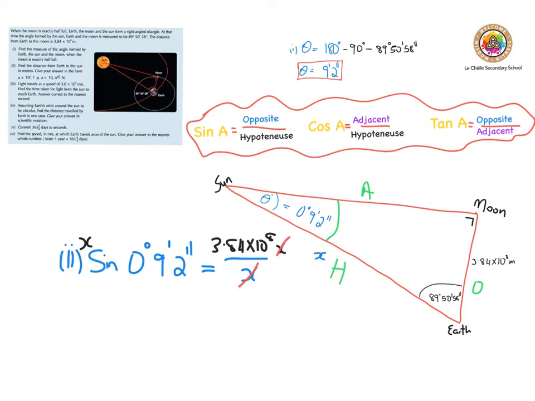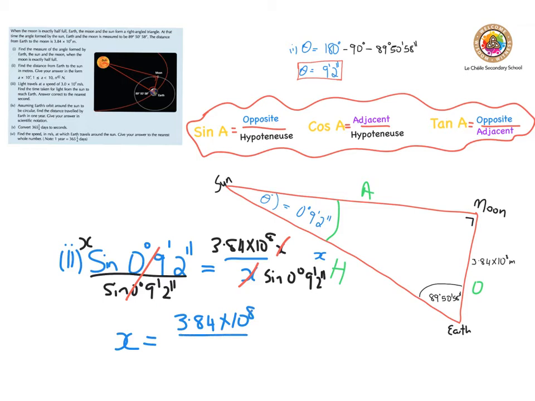And so I would divide across then by my sine here, sine 0 degrees, 9 minutes and 2 seconds, which means I do the exact same here. So sine 0 degrees, 9 minutes and 2 seconds. And then they cancel here, that leaves me here with X is equal to 3.84 by 10 to the power of 8 divided by sine of 0 degrees, 9 minutes and 2 seconds.